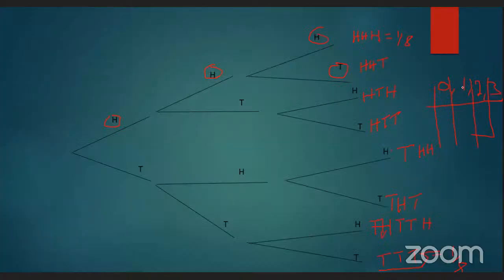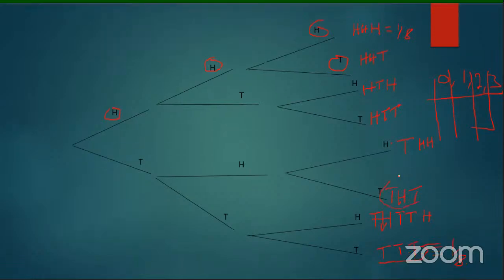Where we have one head, we now check and identify where we have one head. For example here, it's head, tail, tail, one head. We only have also one head here, and another one head here. These ones are all 1/8, so when we add them, they give us 3/8.